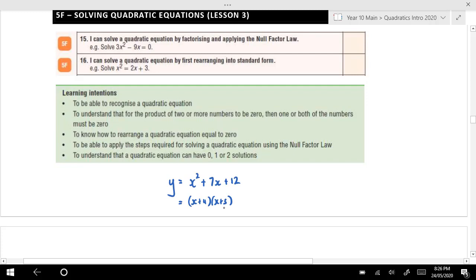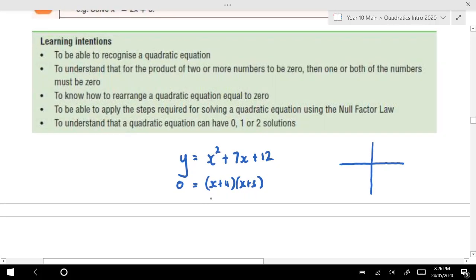And then, of course, why are we solving these? Well, when we start thinking about sketching these quadratics, then we know that the x-intercept is when y is equal to 0. So I'm going to let y equal 0. How is this equation true? Well, we're going to be using what's called the Null Factor Law.